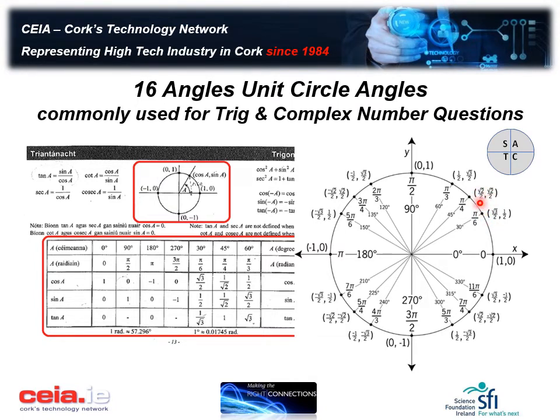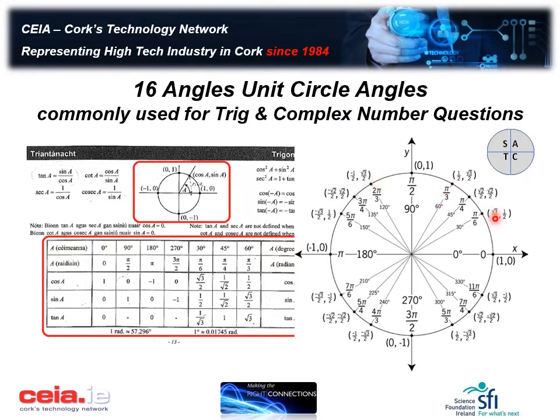Root 2 over 2, comma root 2 over 2, could also be written as 1 over root 2, comma 1 over root 2 if you wish. And then for 60 degrees, cosine of a half and sine of root 3 over 2. And again, that's very similar to what we're looking at over here, an angle of 2 pi over 3 radians, cosine of minus a half, sine of root 3 over 2.